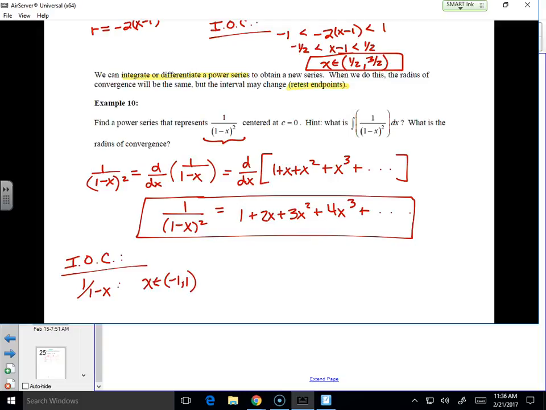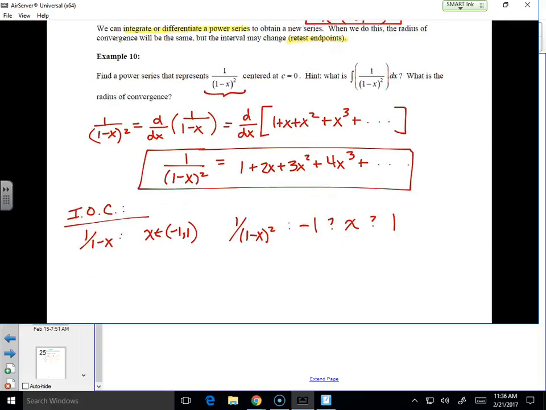So in order to do our interval of convergence for this one, we're going to keep the -1 and the 1, but we're going to test the endpoints. How? We're going to say at x equals -1, and at x equals +1. Wait, what's going on? I don't understand. Hold on.